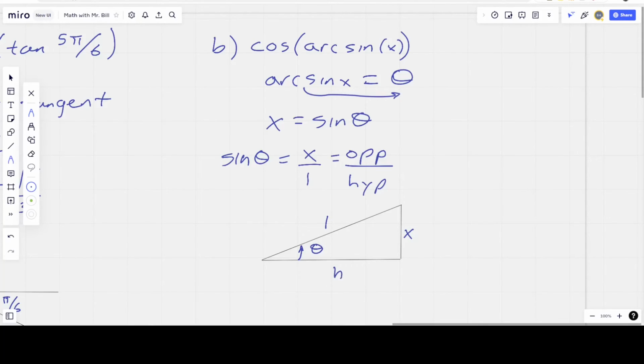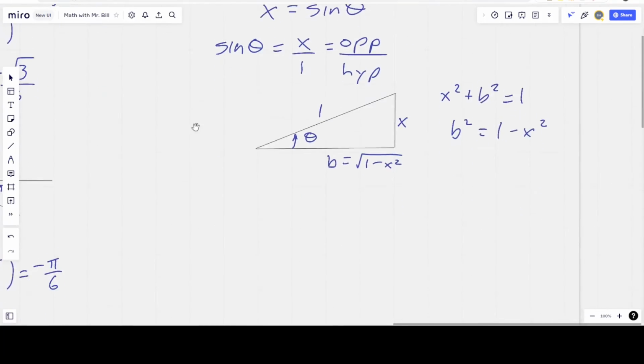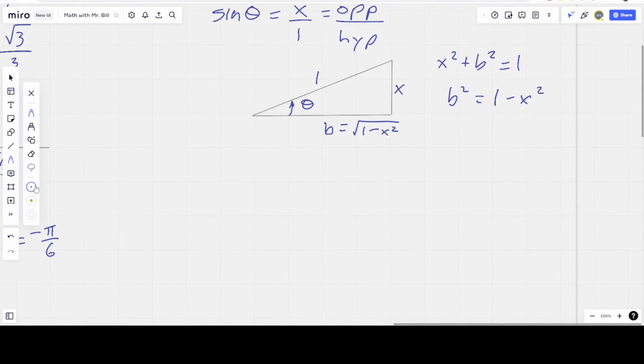So then if we call this side b down here, and we use the Pythagorean theorem where x squared plus b squared is equal to 1 squared, or just 1, b squared then is equal to 1 minus x squared. And so that makes b the square root of 1 minus x squared. We'll take the positive root on that because it doesn't necessarily make sense to take the negative one.